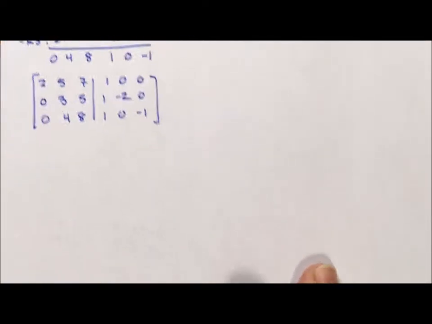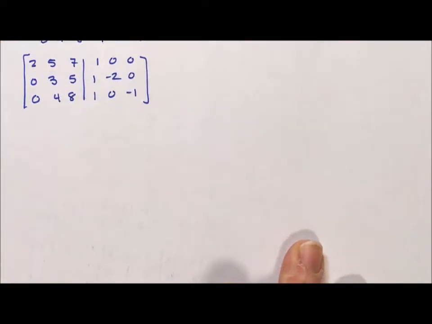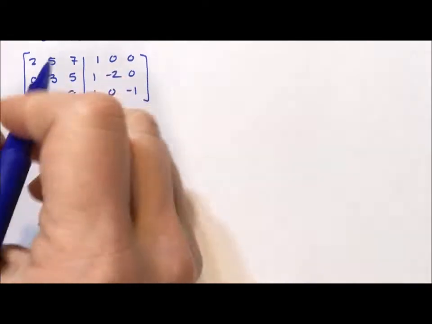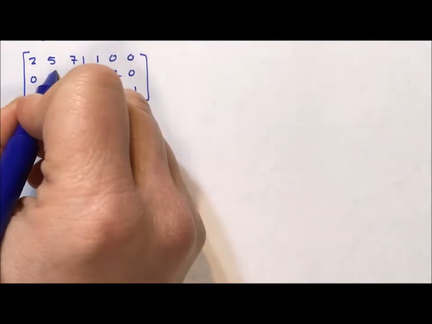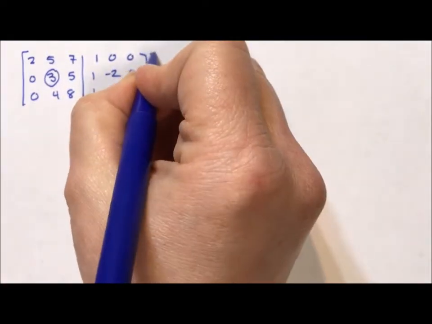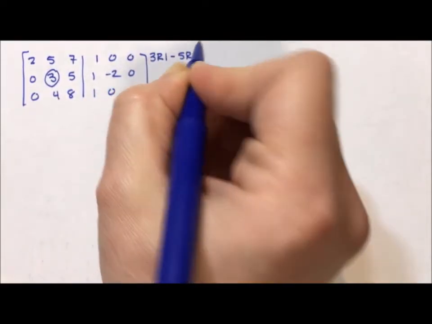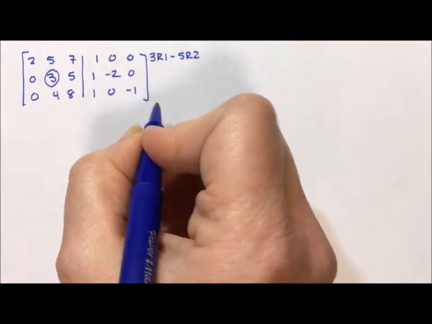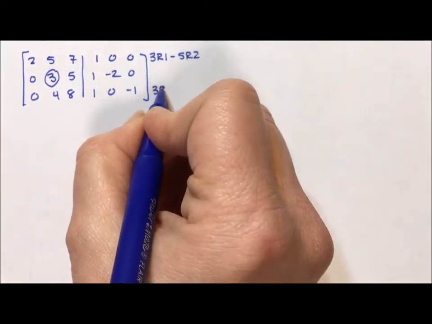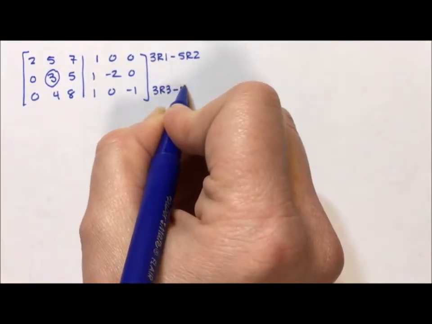Okay, so now I have my next stage of my matrix. I'm going to pivot on this 3. So I'm going to say 3 times row 1 minus 5 times row 2. And I'm going to say 3 times row 3 minus 4 times row 2.